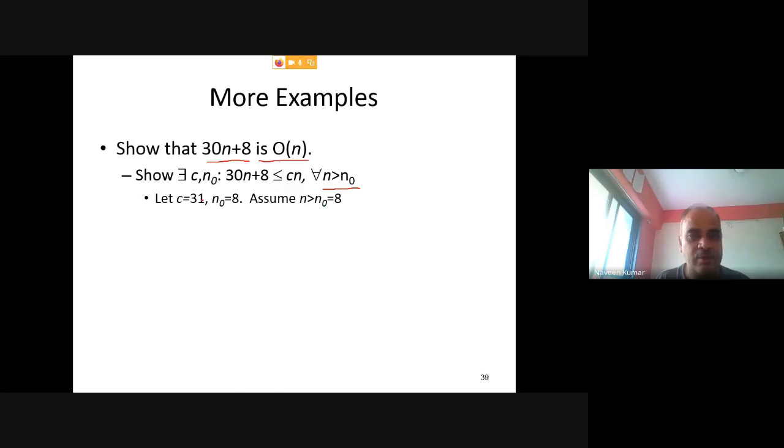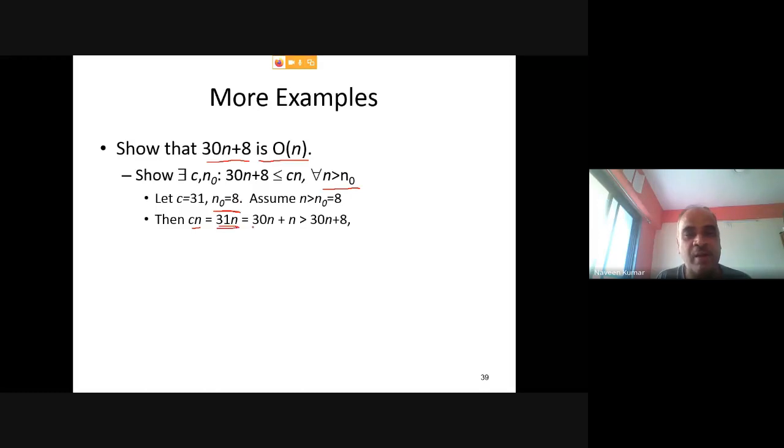That is what we are showing by choosing n0 equal to 8. So cn is 31n, where c is 31, and n is greater than n0, which is 8.